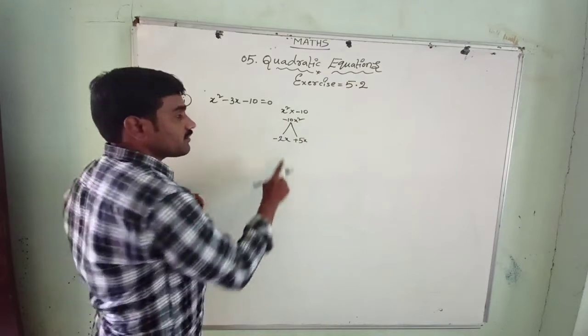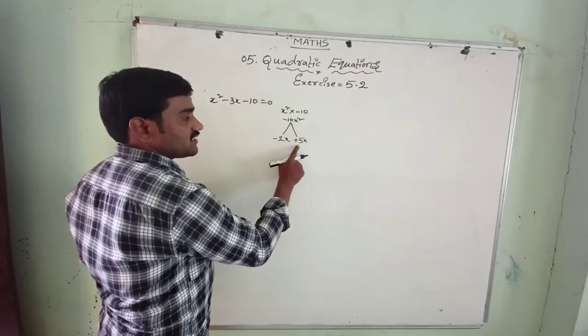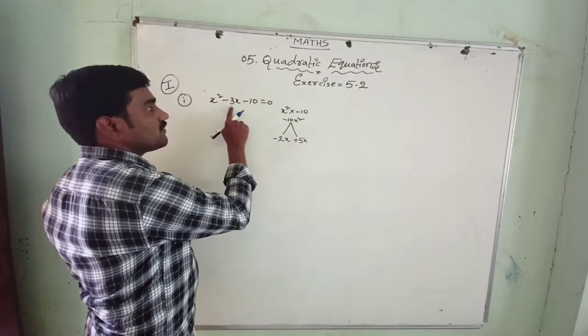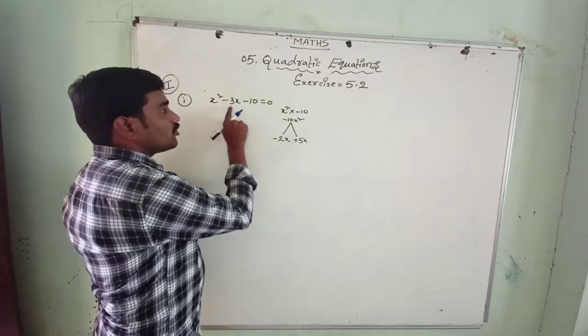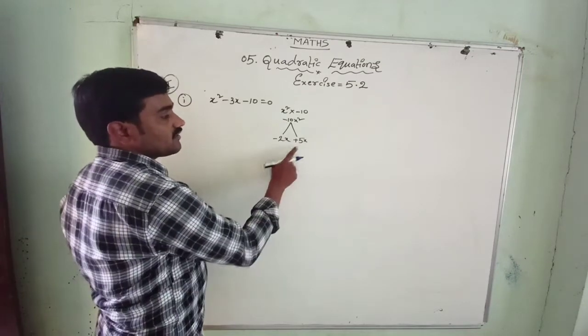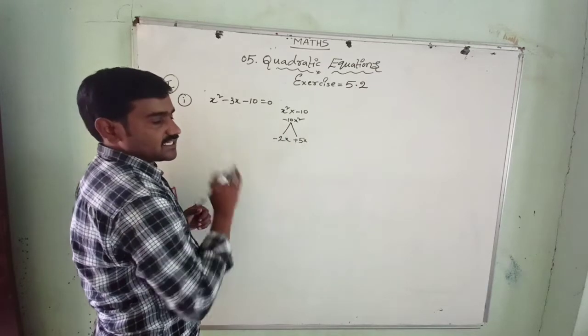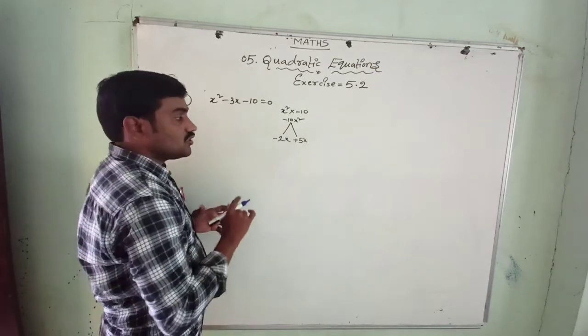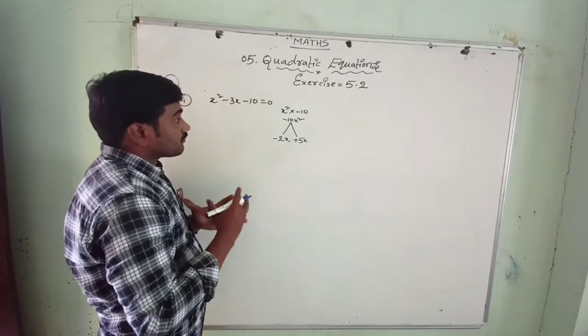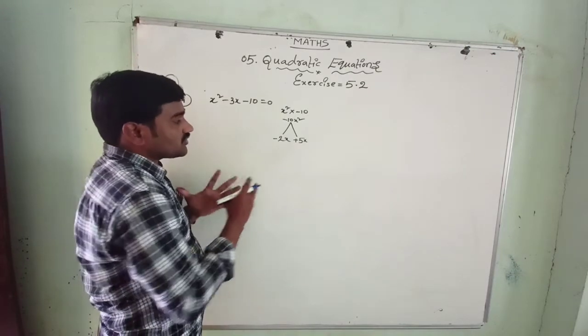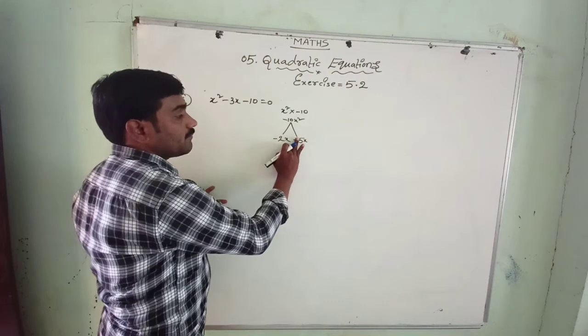Now we have to think that if you add these, you have to get the middle term. Let us do it: 5x minus 2x is plus 3x. But here it is a minus 3x, so we should also think about where we have to keep the minus.